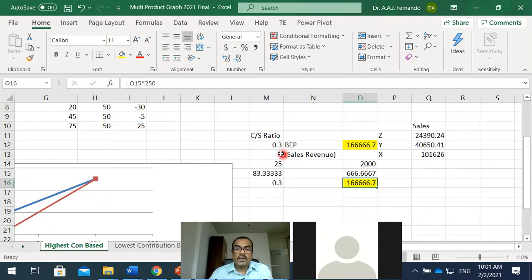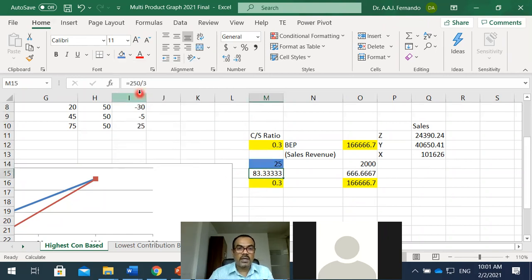So the CS ratio also can be calculated in 2 ways. One is to take the total contribution for the bundle of 3 divided by the total selling price, that is 250. Or you go to the contribution from 1 unit, that is the average 25, average contribution divided by average sales. Average contribution is 25.